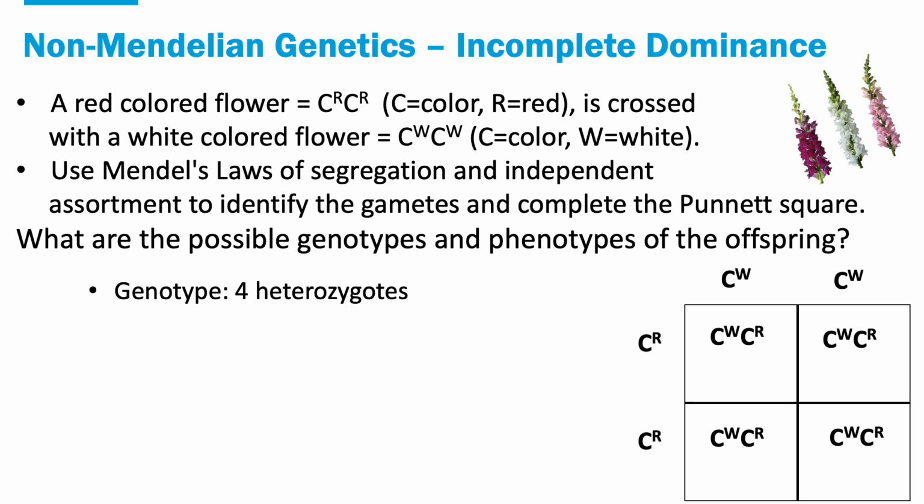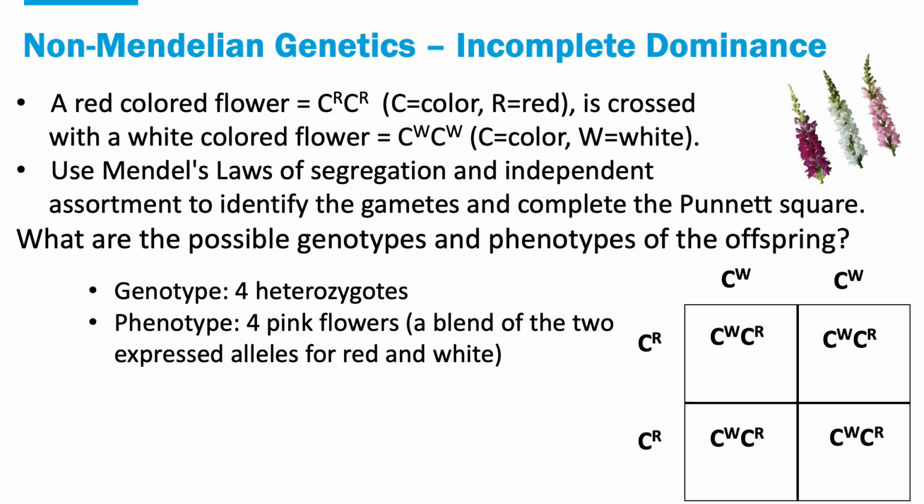This is what's going to give us four pink flowers for the phenotype. It's a blend of the red and white flowers. Again, incomplete dominance. It's not complete one color over another. It's incomplete, meaning you're going to get a blend of the two.